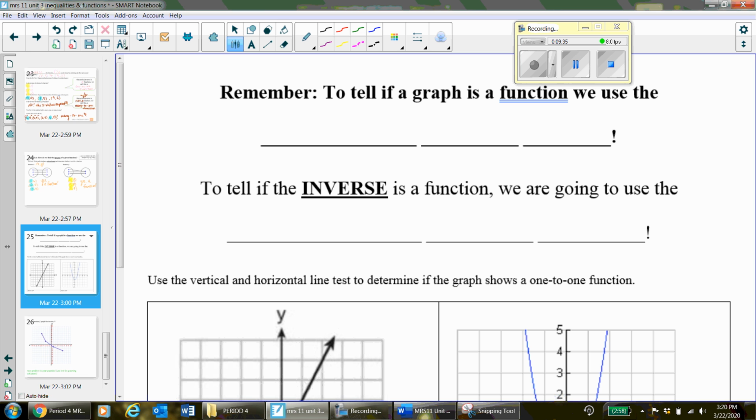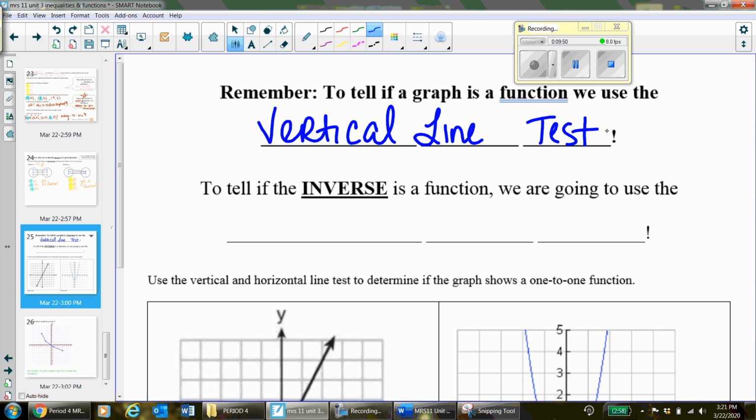Okay? So remember, to tell if a graph is a function, we use the vertical line test. Now to tell if the inverse is a function, we're going to use the opposite, which is the horizontal line test.